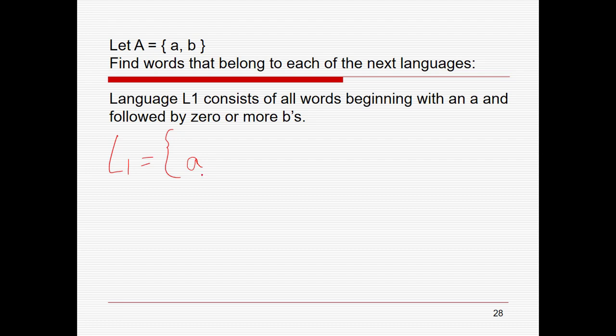So that means that the word containing only A is a good word. Then we can have A followed with one B, or A followed with more B's, etc. So the language L1 has words starting with an A and having 0, 1, 2, 3, etc. B's.